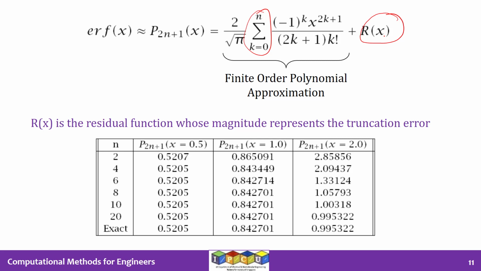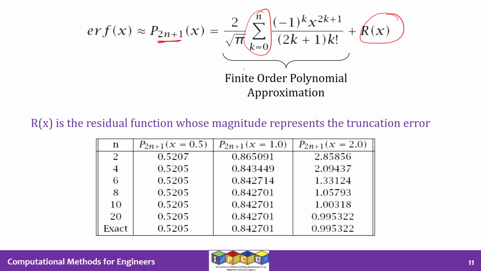I can stop it after a certain number of terms. So when k reaches n, the power of x will be x to the power of 2 times n plus 1. So the polynomial that I'm going to get in x will be of the order of 2n plus 1.